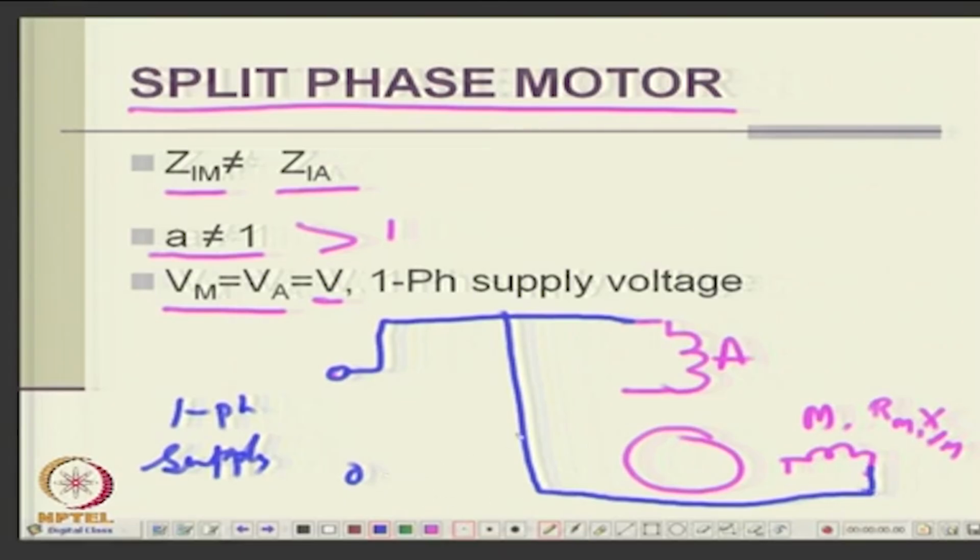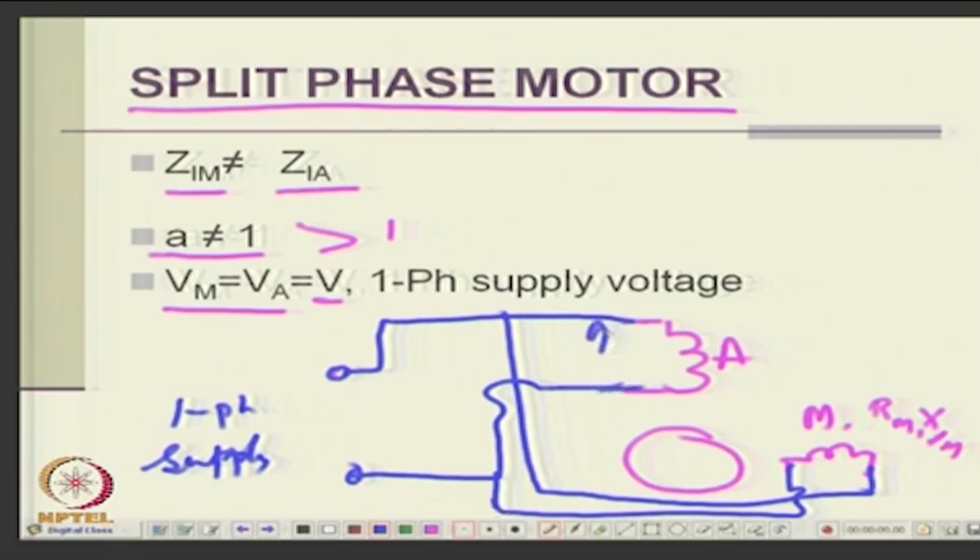The same voltage comes across here, there is a V here, there is a V here.